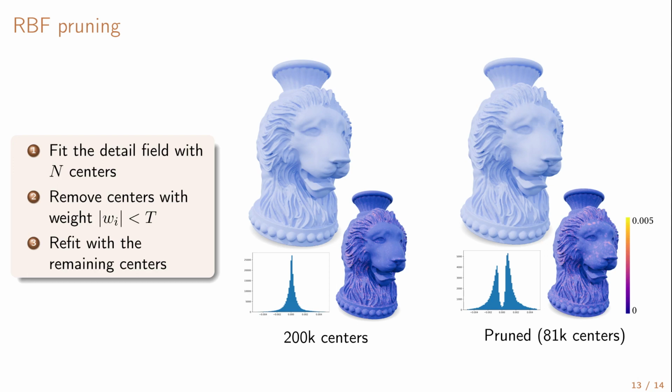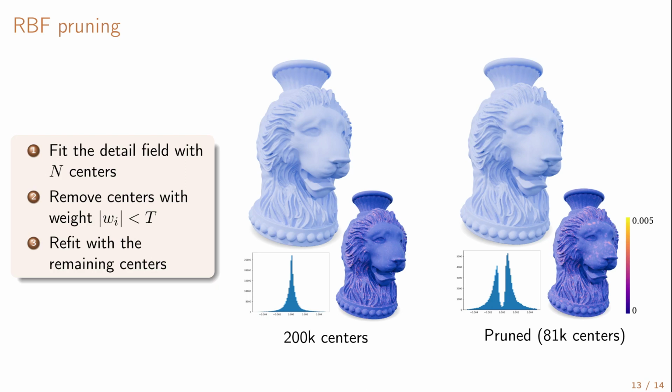Now, the question that remains is how to select the good amount of RBF centers to recover the details. What is the optimal number n of RBF basis functions that we should put so that the geometry stays the same?